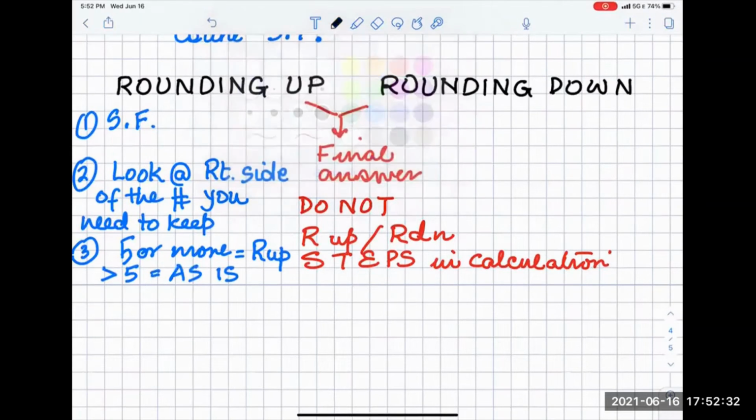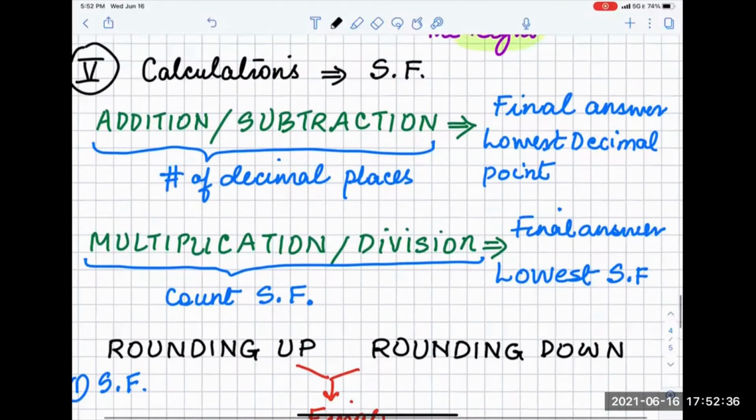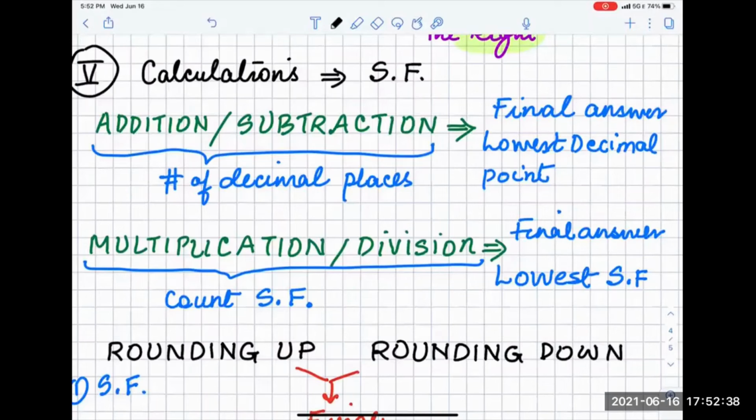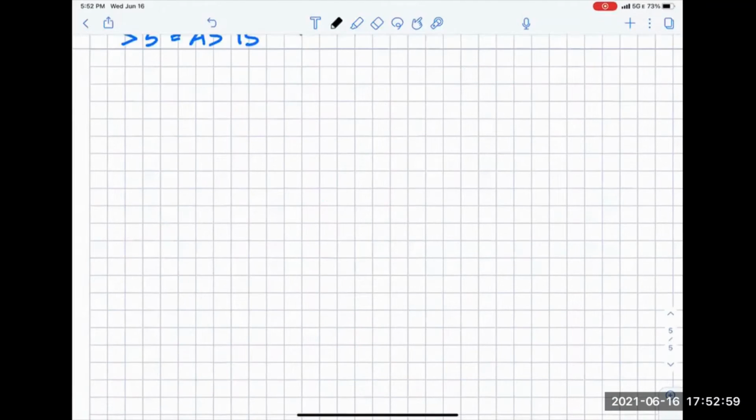All right, so now let's do these calculations based on addition and subtraction. Let's see if I can get some numbers from the back. Okay, we'll look into that one. So that is number 49. Number 49 is multiplication and division.